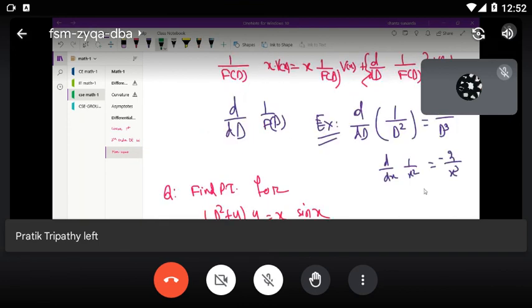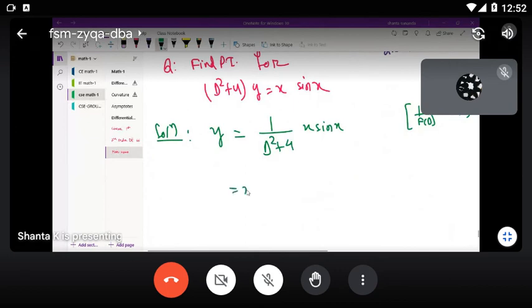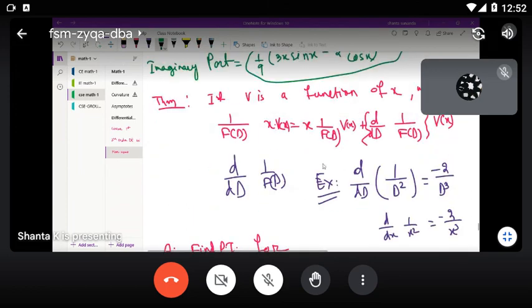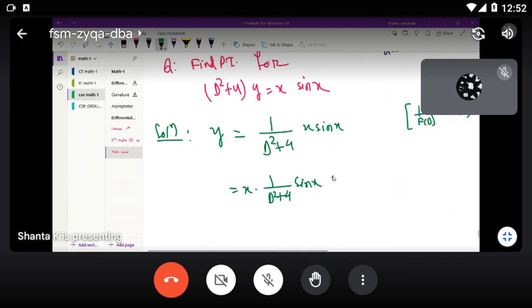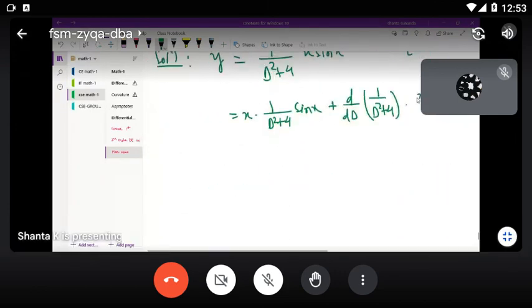Okay, so what you will be using first: x into 1 by d square plus 4 of sin x. This formula: x into 1 by f of d, dx plus the differentiation of 1 by f of d, which is d square plus 4, into sin x. So here what we will do, 1 by d square plus 4: you can put minus a square in place of d square.